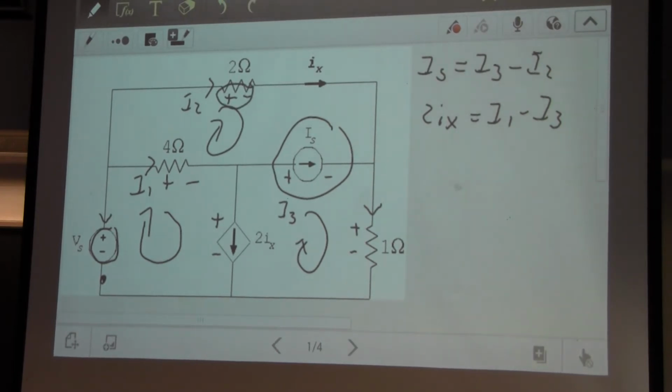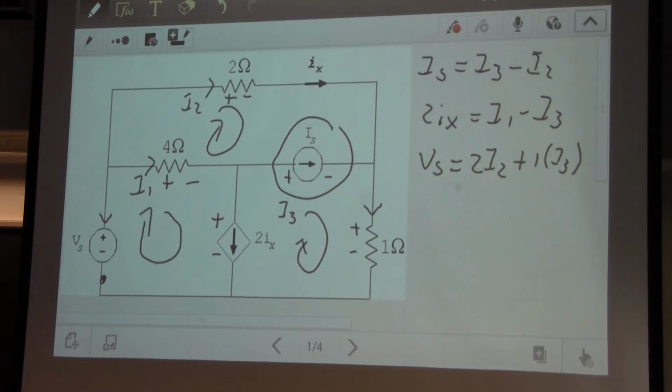So I gain once and then I lose twice, right? I lose 2 times, and the only current going through that 2 ohm resistor on the top is I2, so I have I2. And on this 1 ohm resistor on the far right, I only have I3 going through it, so I have plus, and I know it's redundant, but let me write 1 times I3, so we know it's the voltage from the resistor.